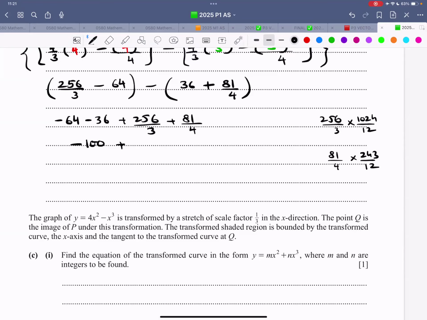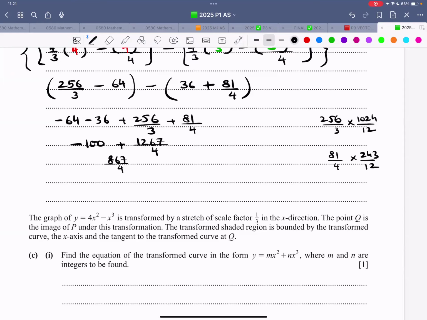So that is 1267 over 4. 1267 over 4. And then 1267 minus 400. That is 867 over 4. If I'm not mistaken, this is what I'm getting. And let's see. So now this is 867 over 4, something like that.